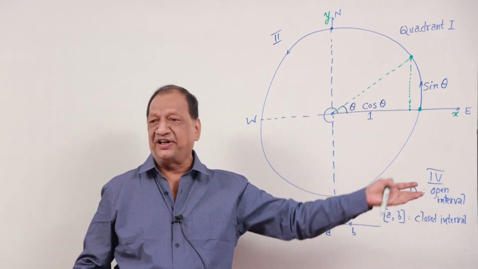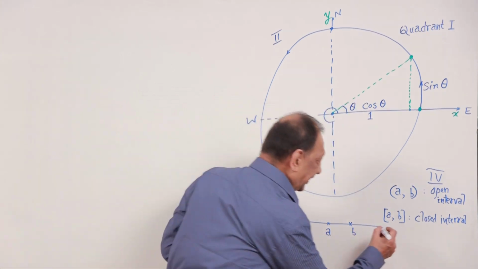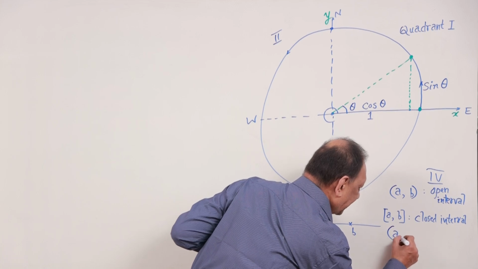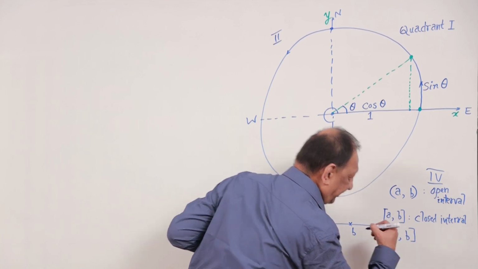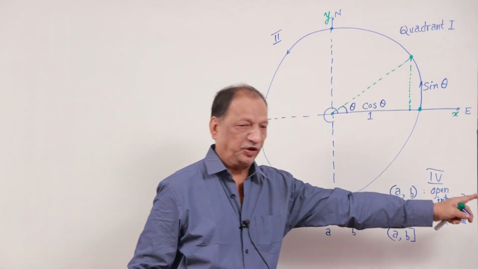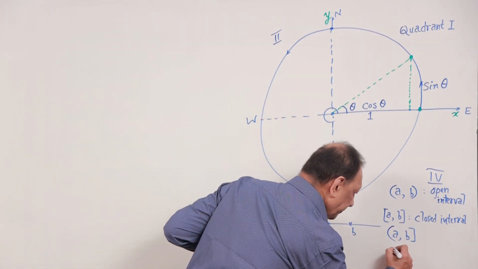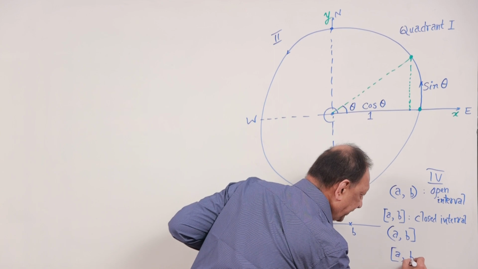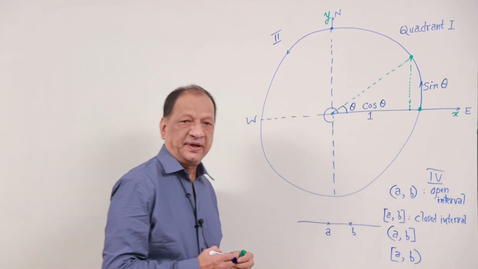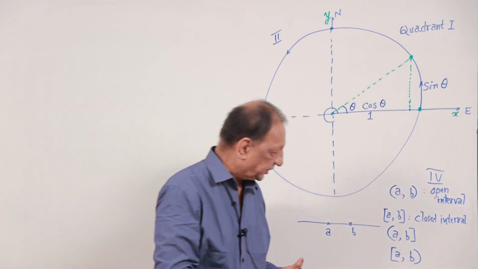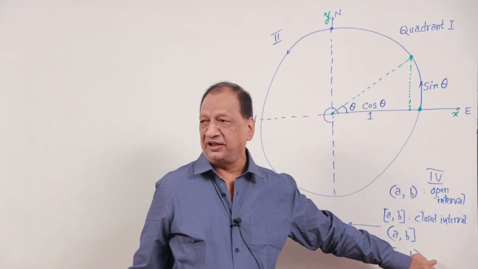So we can write them as open bracket A comma B close square bracket. It is closed on the right side. It includes B but does not include A. Or I can write open square bracket A comma B close ordinary bracket. This is closed on the left side but not on the right side.